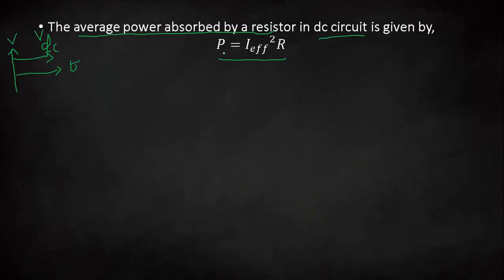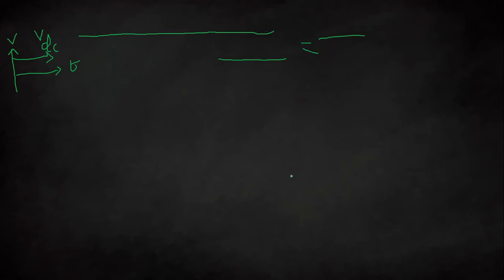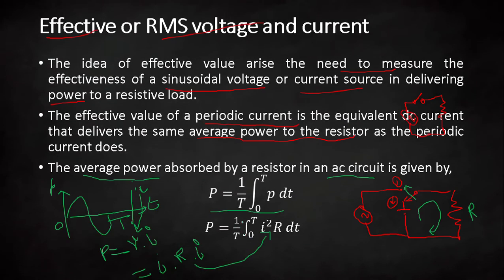It means that power in case of AC and power in case of DC will be the same. So we can write that P is equal to I effective square times R, which is nothing but the equation in case of an AC circuit, that is 1 divided by T integration 0 to T I square R dt.